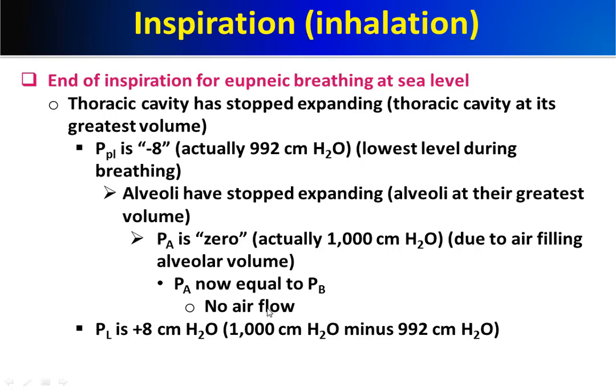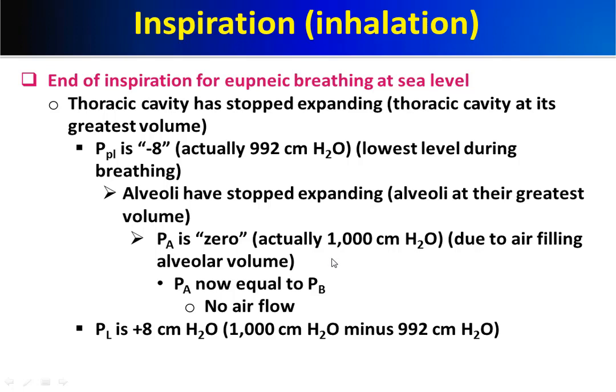Air stops flowing into the alveoli, and the transpulmonary pressure is positive 8 centimeter of water, which means that the pressure inside the alveoli, which is 0 by the end of normal resting eupneic inspiration, which is 1000 centimeter of water, is 8 centimeter of water higher than the intrapleural pressure, which is 992 centimeter of water.